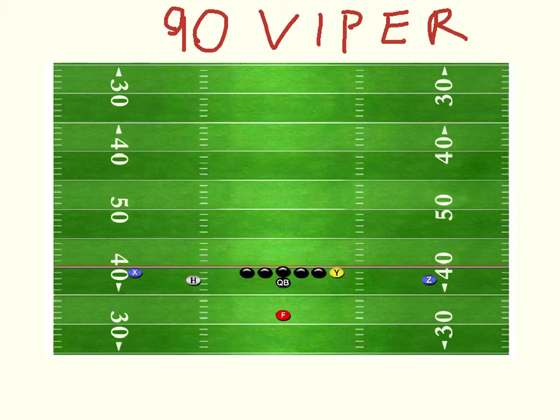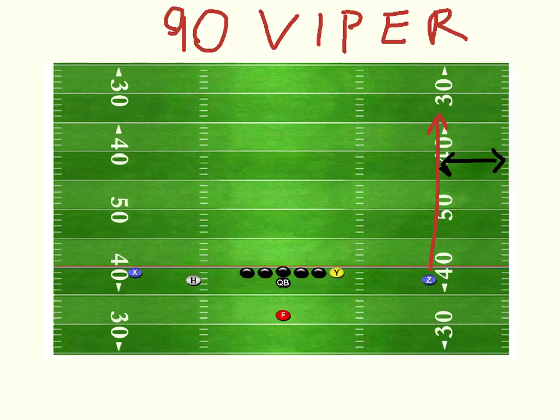If we're in Barron's again, the Z is working vertical, keeping the numbers as his landmark, leaving space for the ball to be delivered between himself and the sideline.